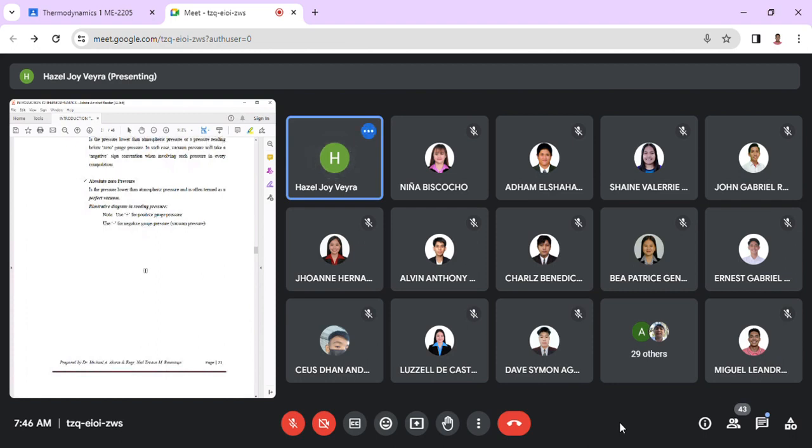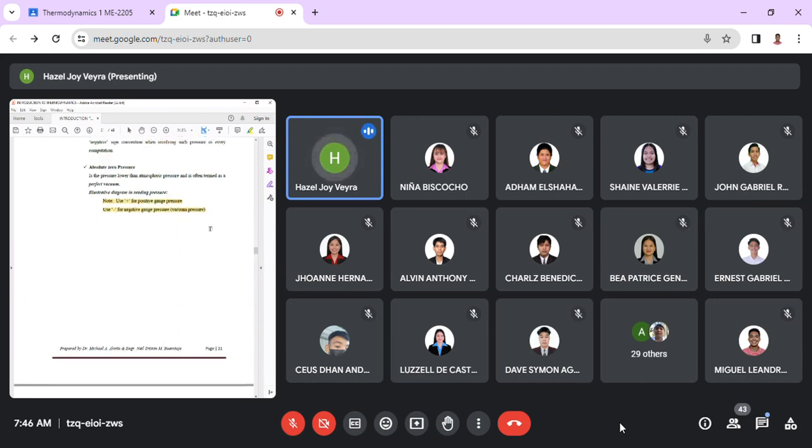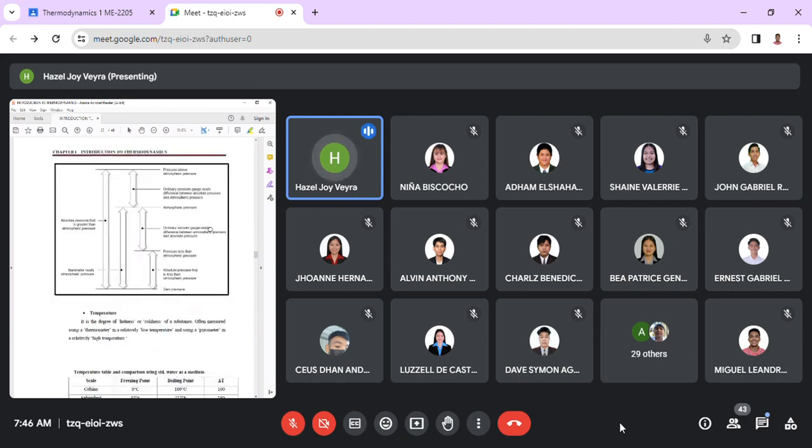Okay, so let's remember, we always use positive for gauge pressure, and use negative for negative gauge pressure or the vacuum pressure. So we have here an illustration of all those terminologies. Say we have here the atmospheric pressure and pressure above atm. Let's use this as the baseline, atmospheric pressure.